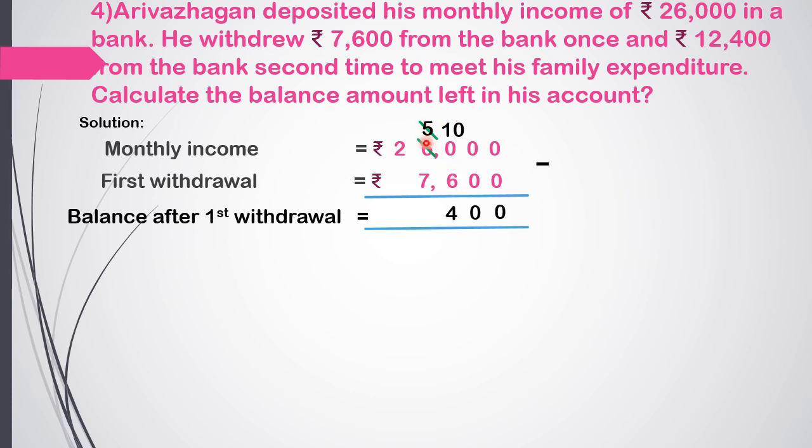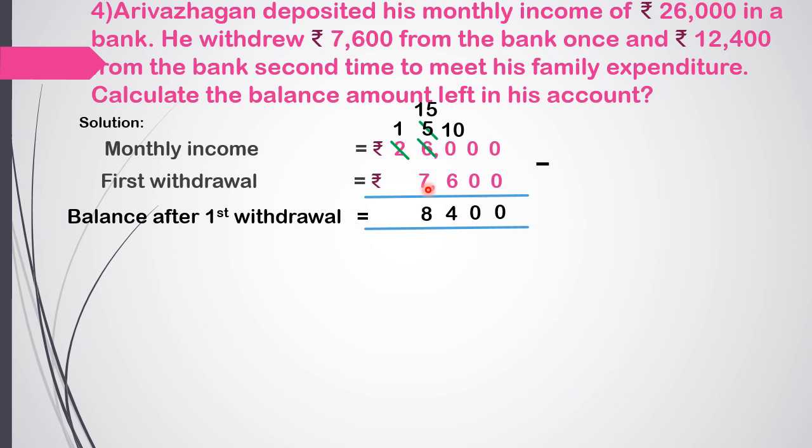Now the next digit, 5 minus 7. Can we subtract 7 from 5? No. So we have to borrow from the previous number. So 2 changes into 1, and here 5 becomes 15. So 15 minus 7. What is 15 minus 7? After 7: 8, 9, 10, 11, 12, 13, 14, 15.